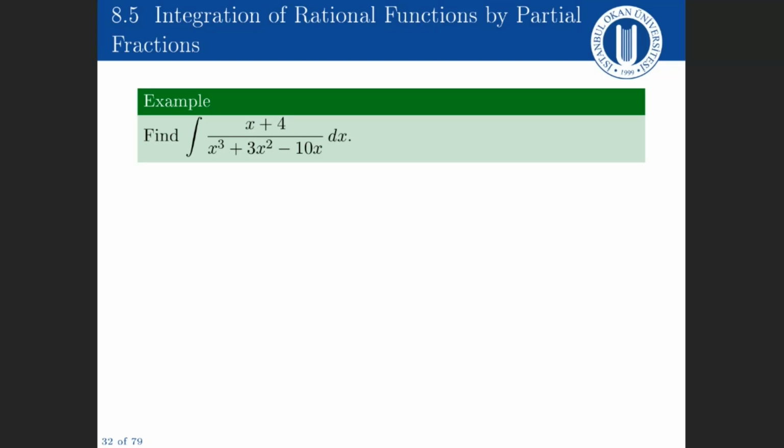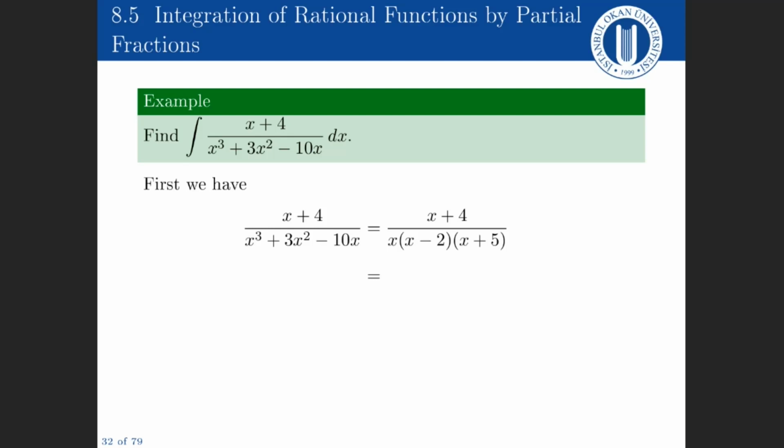Let's do a slower example. Find the integral of (x + 4) over (x cubed + 3x squared - 10x). The denominator we can factorize like this. So in partial fractions, we're going to have something over x plus something over x - 2 plus something over x + 5.